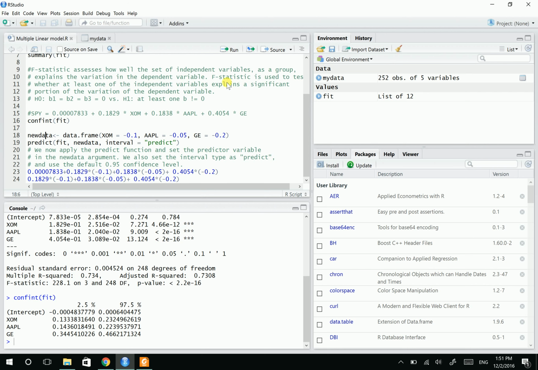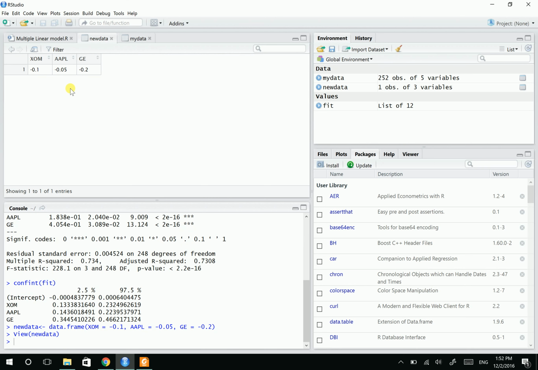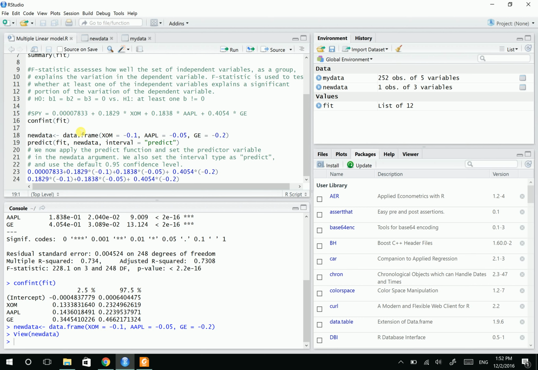So first you have to create this new data, the new scenario. If we check it out, it's going to be like this: Exxon, Apple, GE, and then we're going to use the command predict. The first argument is what you're going to predict with and the data, and then interval equals predict.